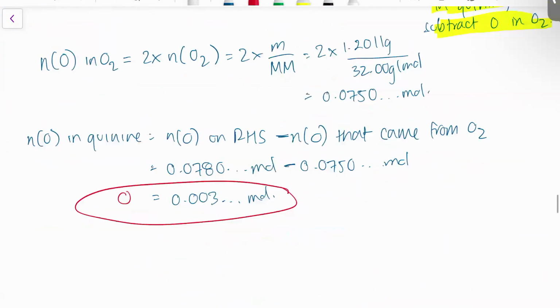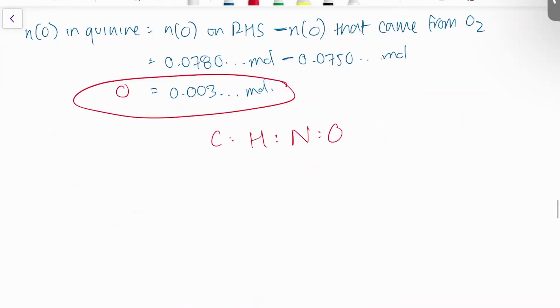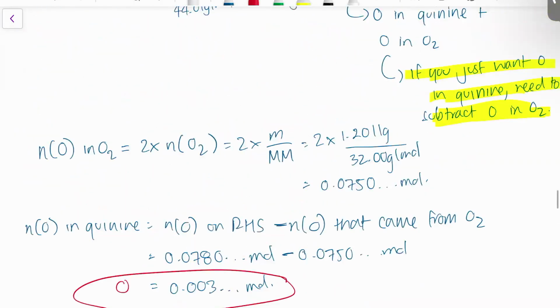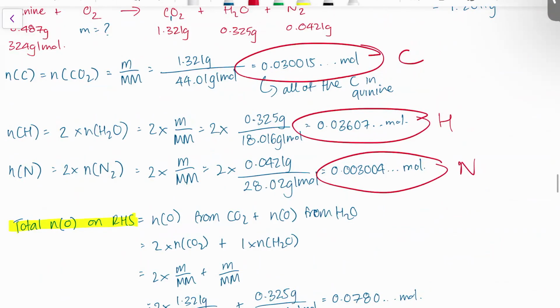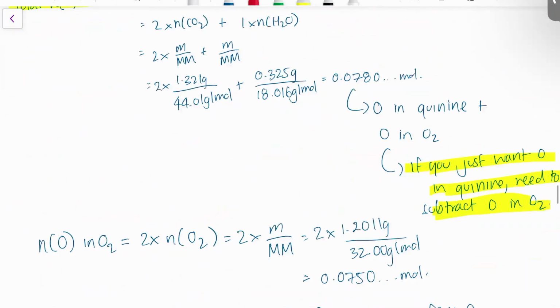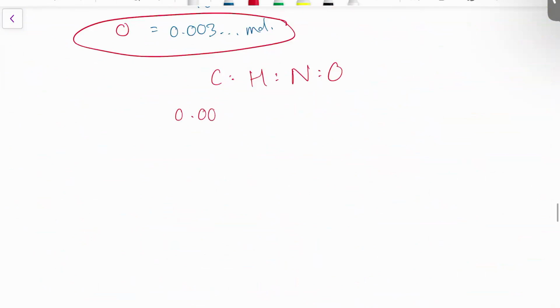For carbon to hydrogen to nitrogen to oxygen, you gave me 0.03 for carbon. For hydrogen, you gave me 0.036.